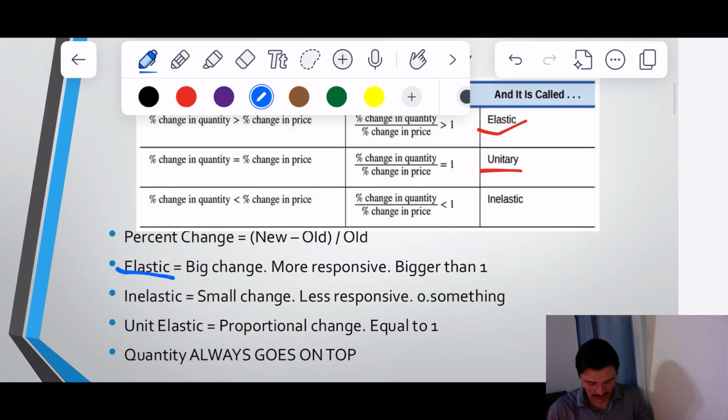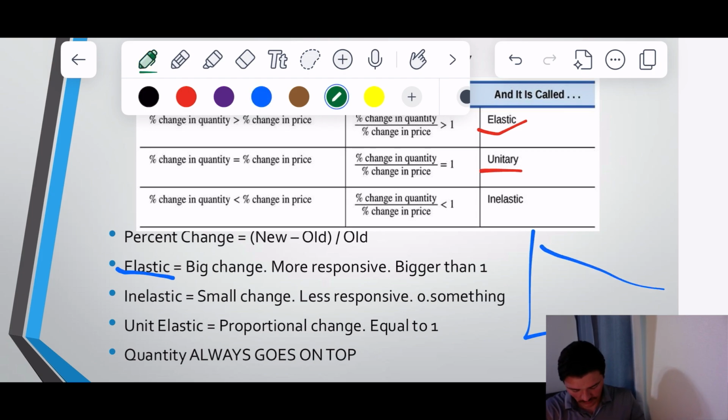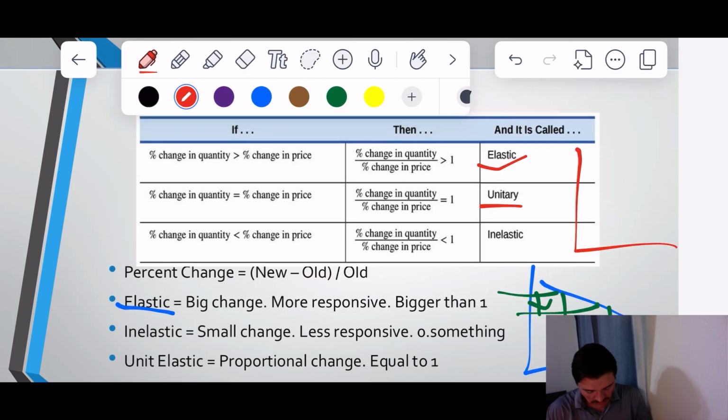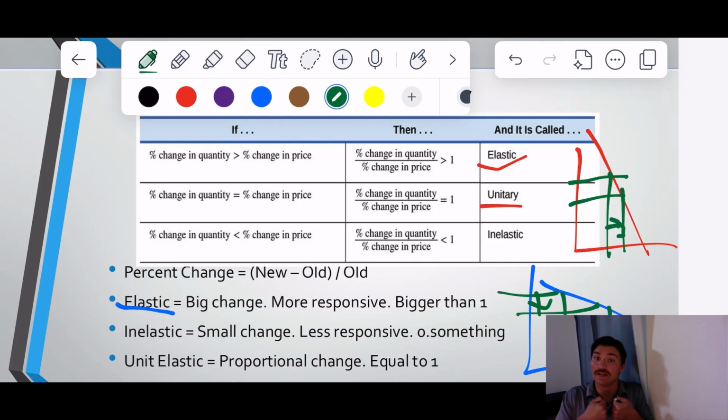Because we have a change in price, we have a big change in quantity. Something that would be inelastic would look like this, where we have the change in price, but the quantity changes very little. It's inelastic, like a rubber band that really cannot stretch very far.